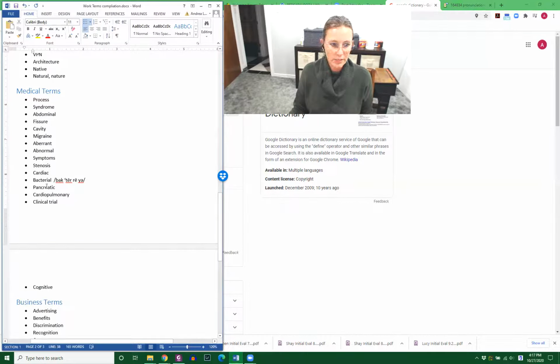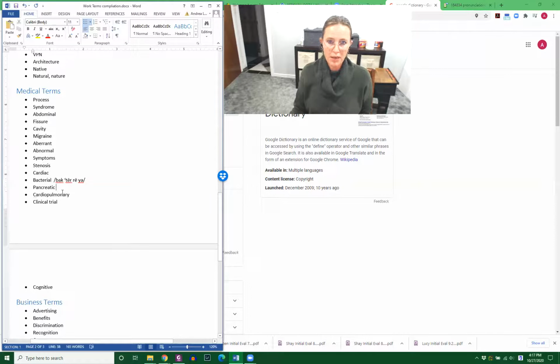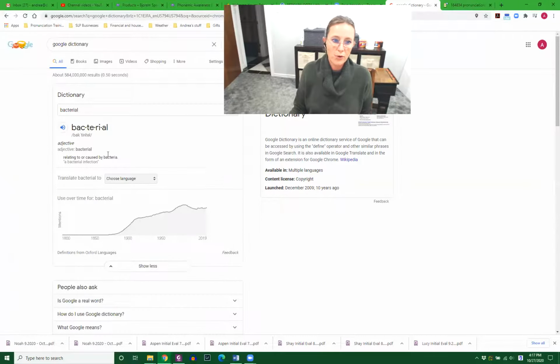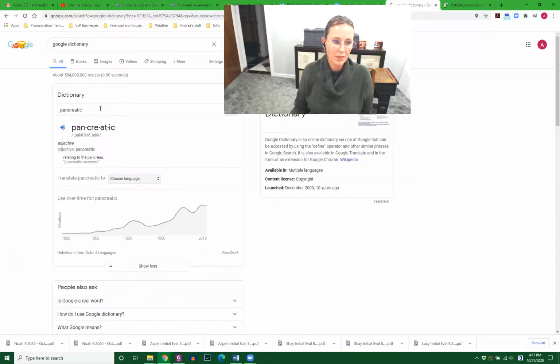Pancreatic. One of the reasons I put this one on here is, again, to talk about vowel to vowel linking. How do we link these vowels together? How are they smooth? What's happening in there? Pancreatic. What did you hear me stress? Yeah, that syllable gets a lot of stress. Oh, that's interesting.